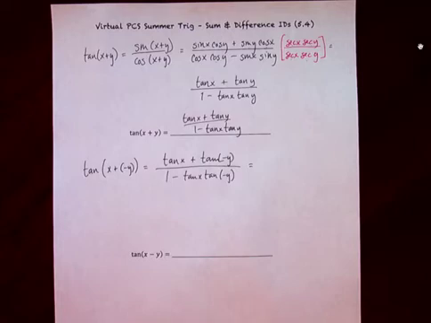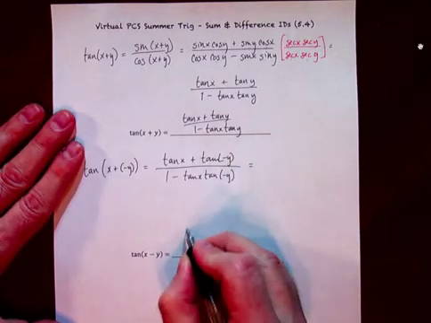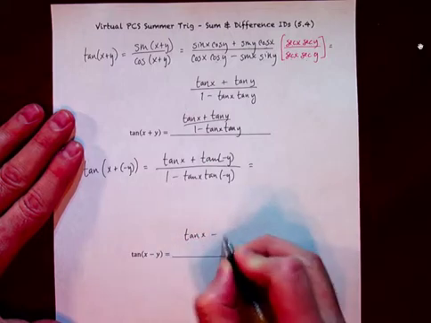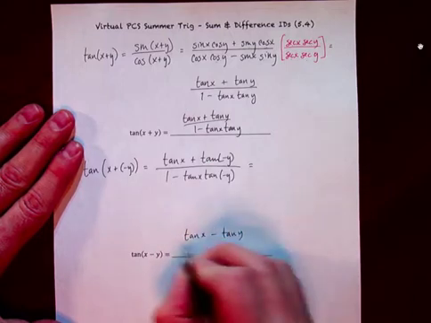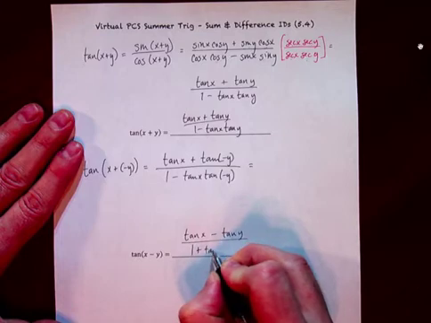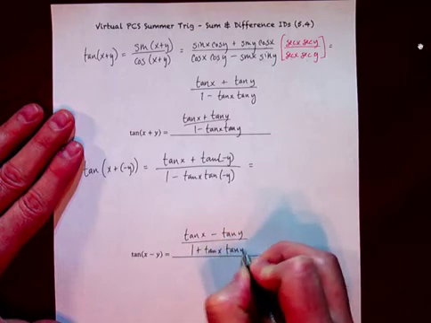Well, tangent, like sine, is odd, and therefore what I'm going to get is tangent x minus tangent y over 1 plus tangent x tangent y.